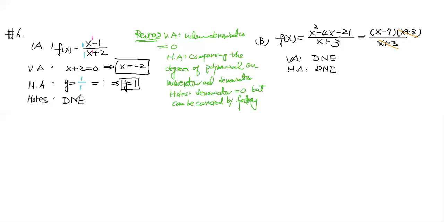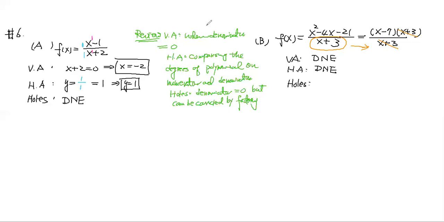Now for these ones, let's take a look at the holes. A hole is a value that makes the denominator equal to 0, but can be canceled out. Take a look here. This makes the denominator equal to 0, but after you factor, they can cancel out.